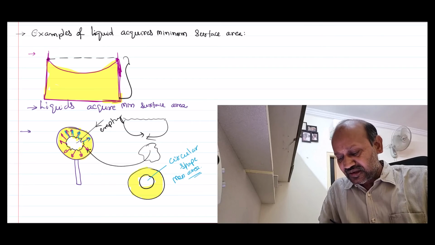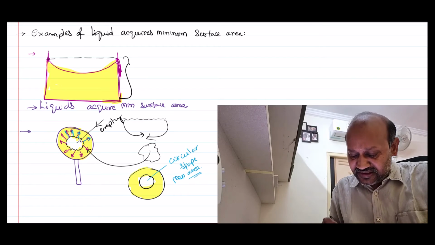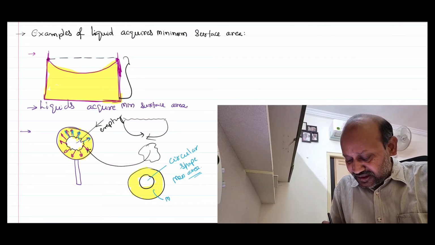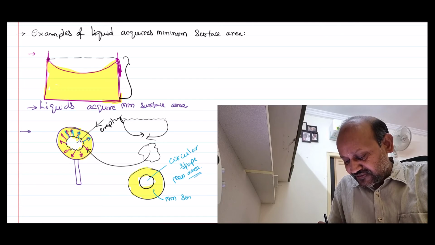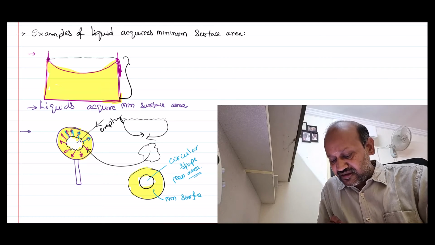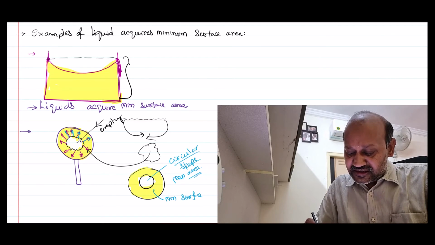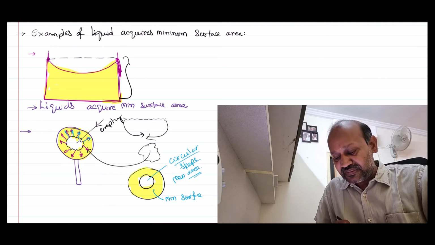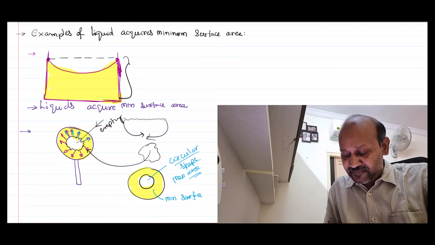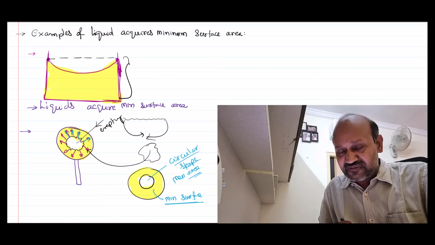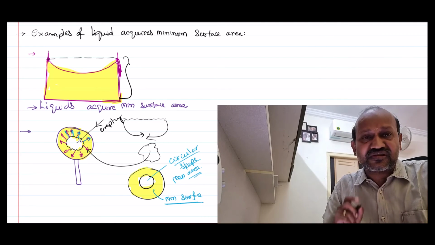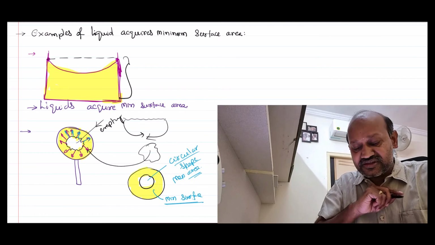As the circle acquired maximum surface, the liquid acquired the minimum surface area possible, isn't it? The total area is the surface area of the liquid as well as the surface area of the thread. The thread acquired a circular shape, therefore it has acquired maximum surface area. So the liquid acquired minimum surface area. This is all happening because of a property called surface tension.